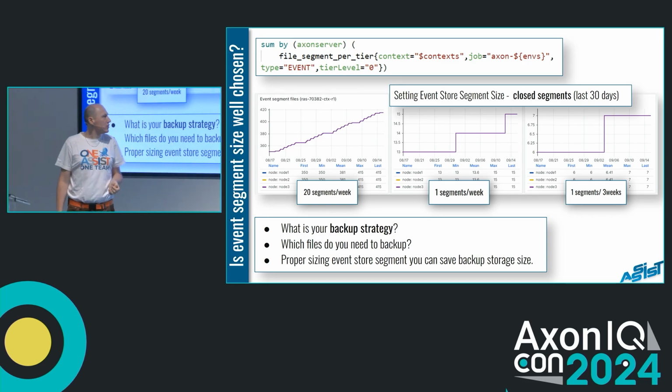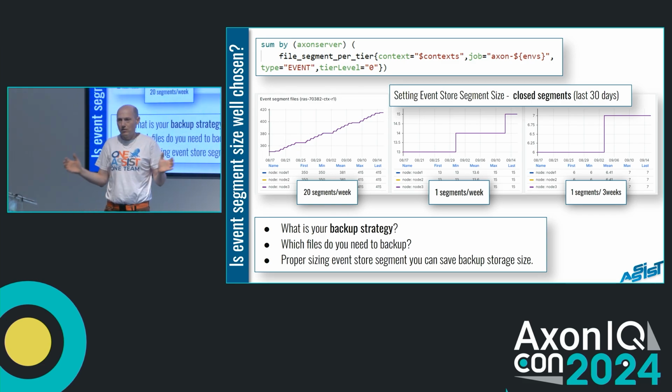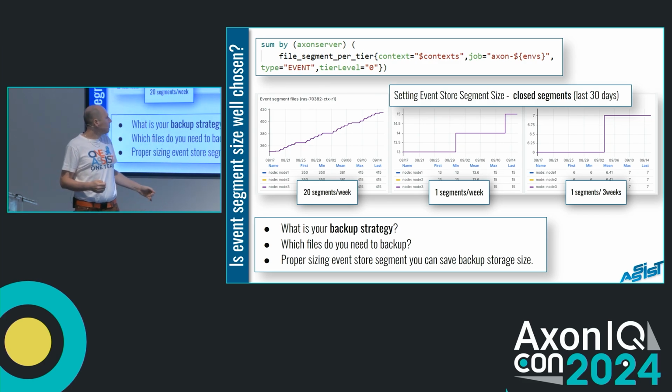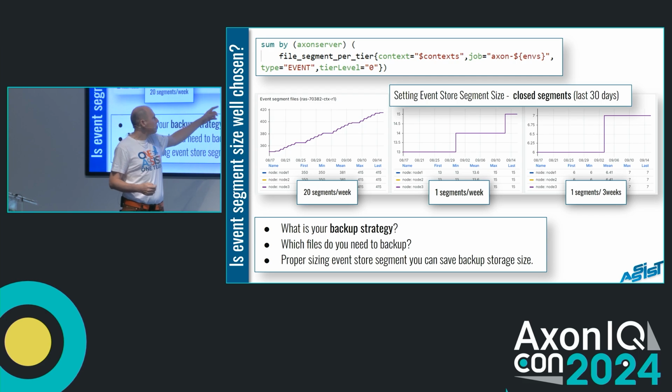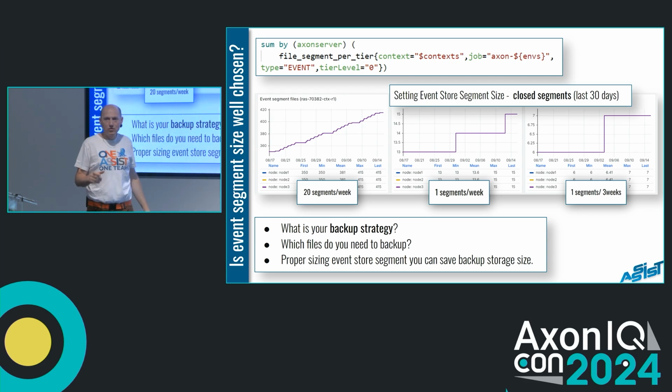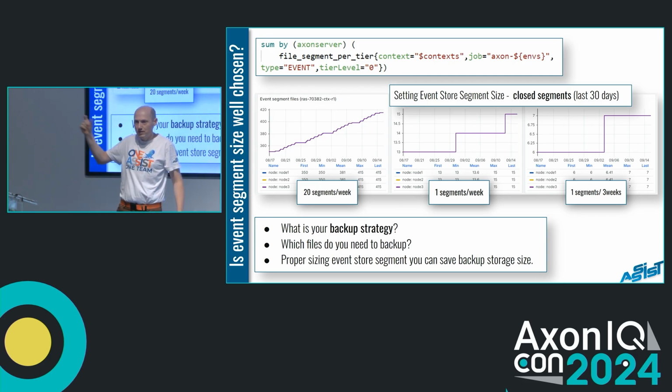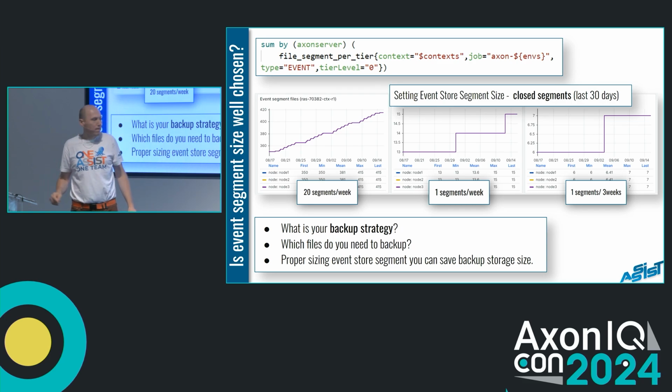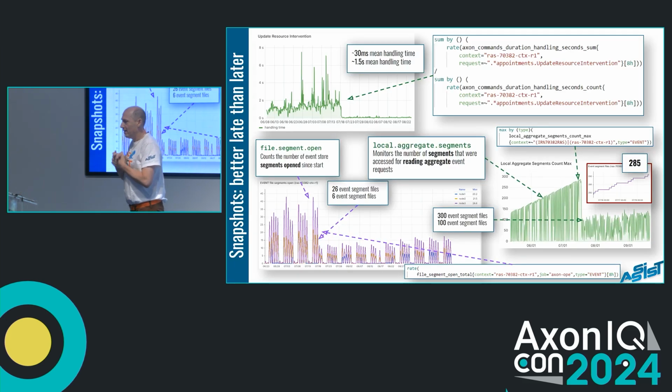Okay, it can change your backup strategy, because all the sealed segments are backed up only once. And here we have to store the open segments a bit less efficiently, because we have to have the history of the open segments. If they are closed, they can't change. So you have some information. Allard spoke about snapshots.